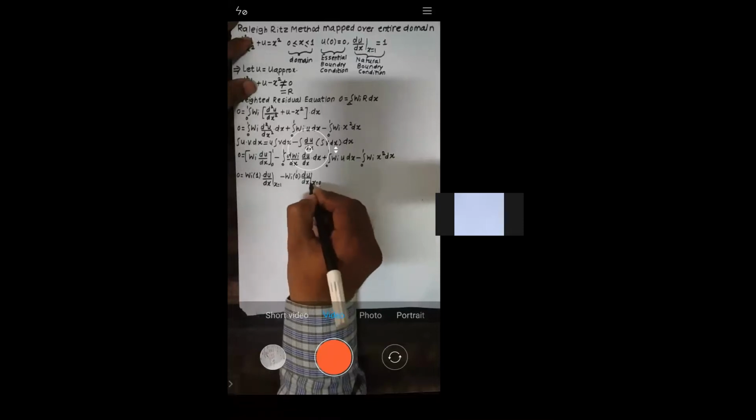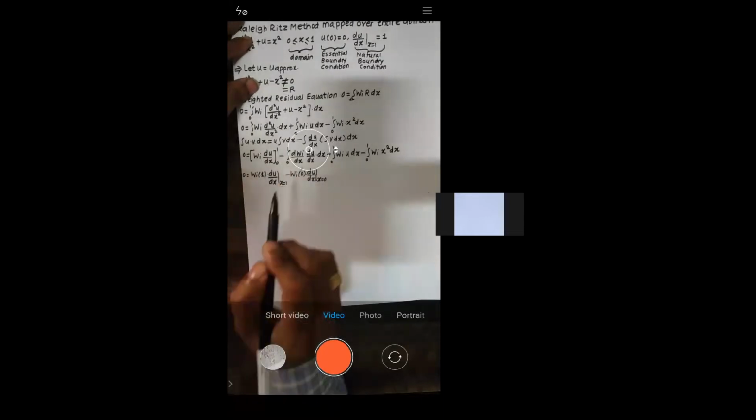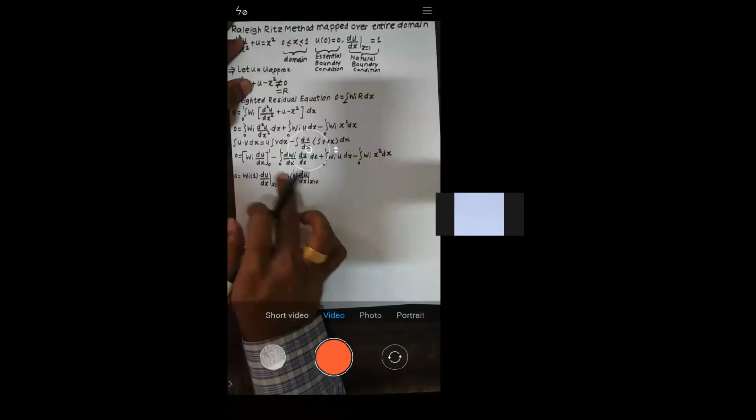See, upper limit minus lower limit, that is what I have done. Weight function at 1 into du/dx at 1 minus weight function at 0 into du/dx at 0.